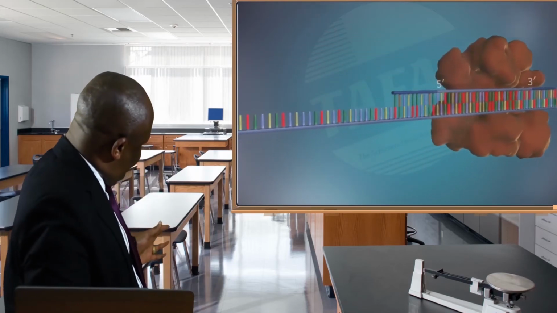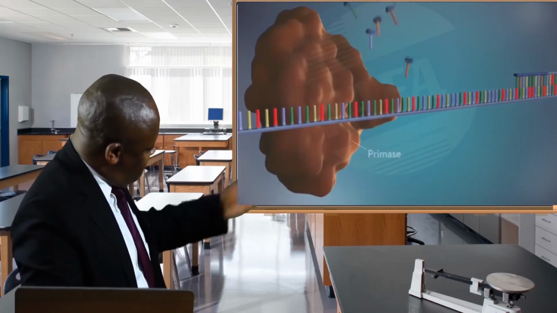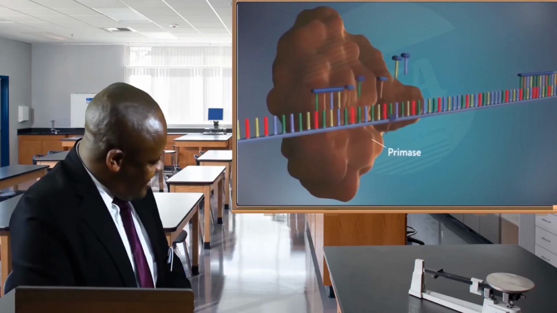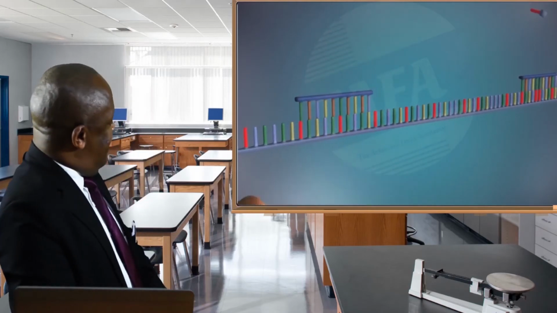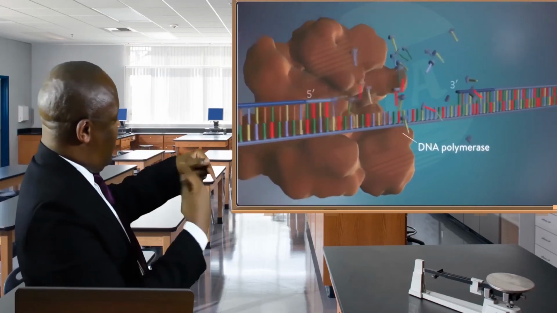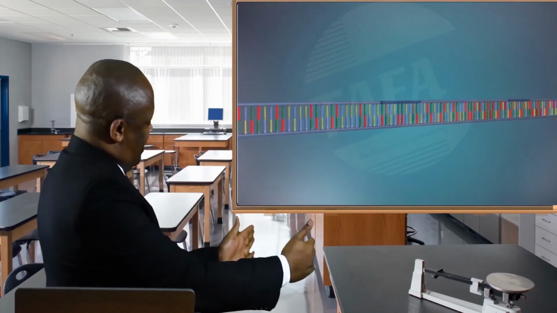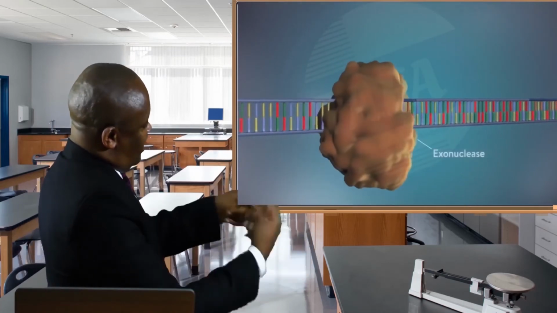You can see that a new complementary strand has been formed on DNA strand 1, and then we have DNA strand 2. We have another new complementary strand being formed there. And then after the new strands have been formed, the new complementary strand and the original strand coil around each other.